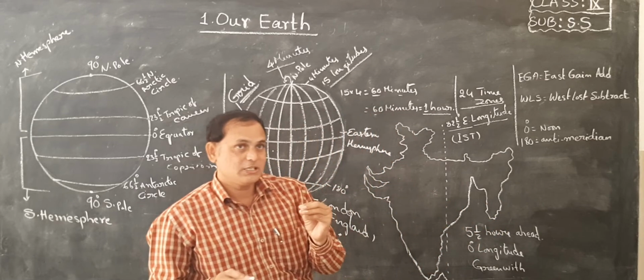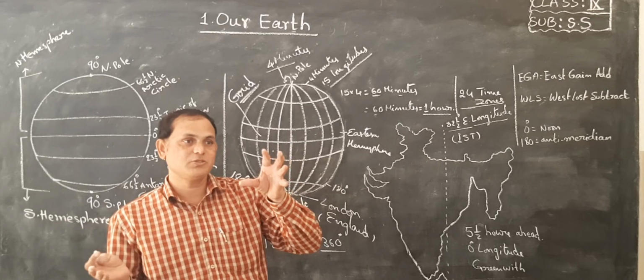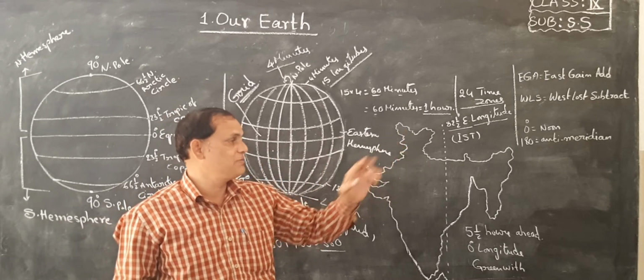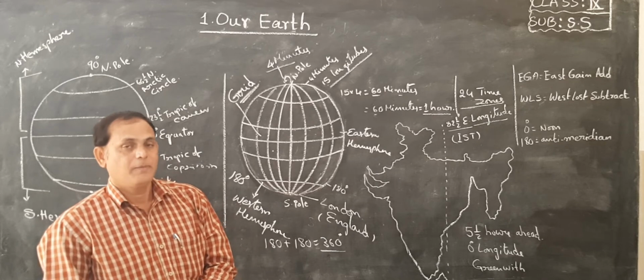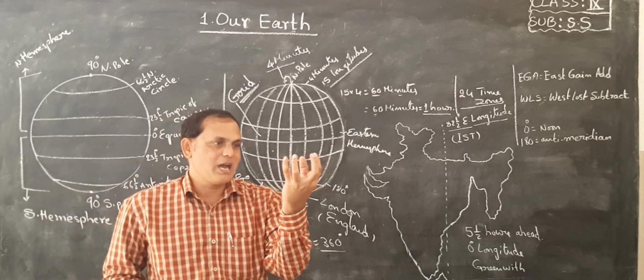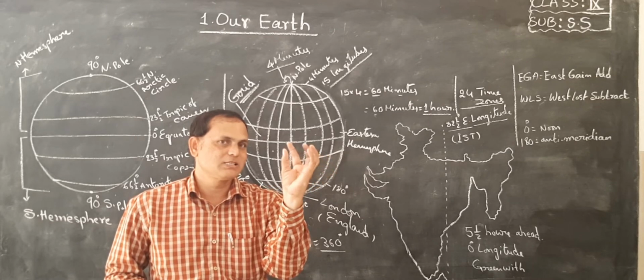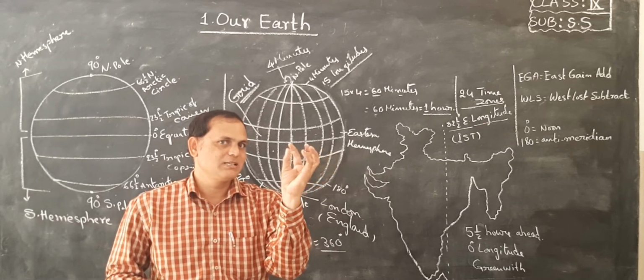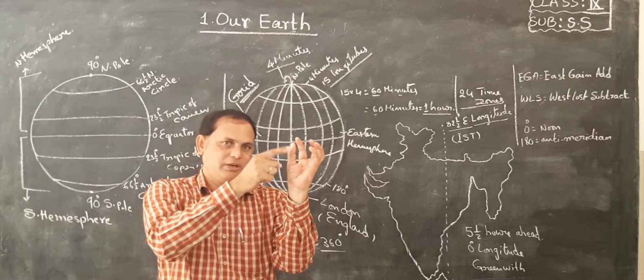Now listen, children. Opposite to 0 degree longitude is the 180 degree anti-meridian. Why? Because the earth is like a ball. When it is moving like this, the sun rays fall upon here. This is daytime.